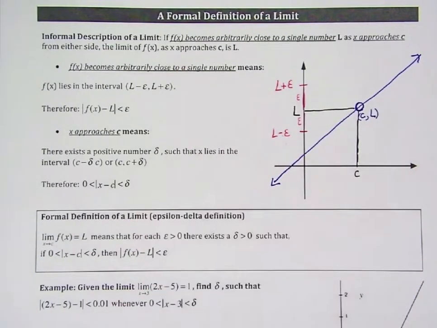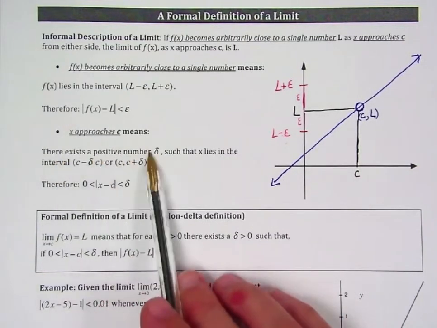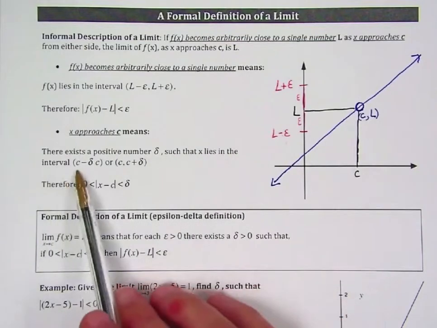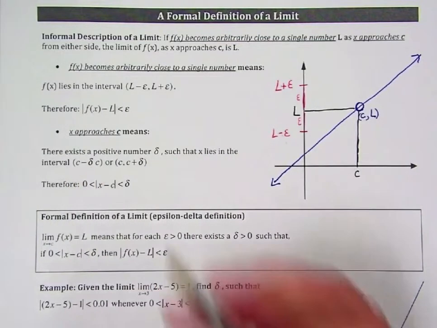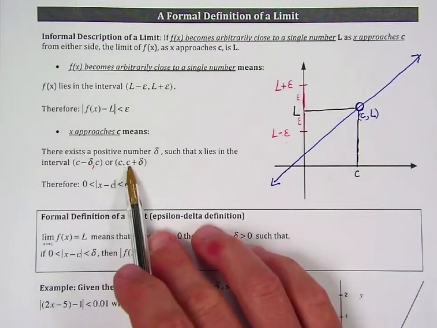Now, the x approaches c portion means there exists a positive number, we'll call this delta, such that x lies in the interval c minus delta, comma c, or c, comma c plus delta.